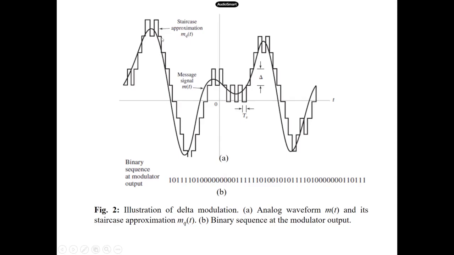Then we have nine zeros, so we take stairs downside. We are basically coming down the stairs. And then we have 1 again, so we will go up. Depending upon this, you will be able to generate our signal. And this is our delta. The difference between a low and a high is our delta.